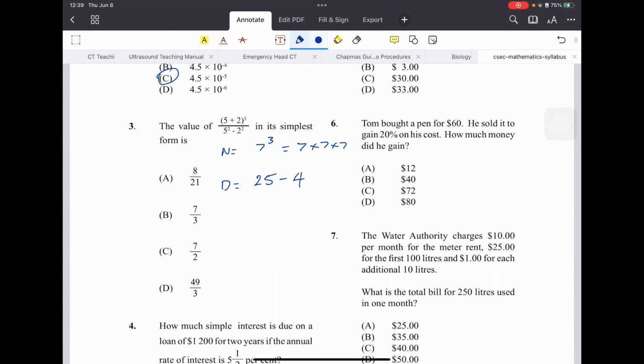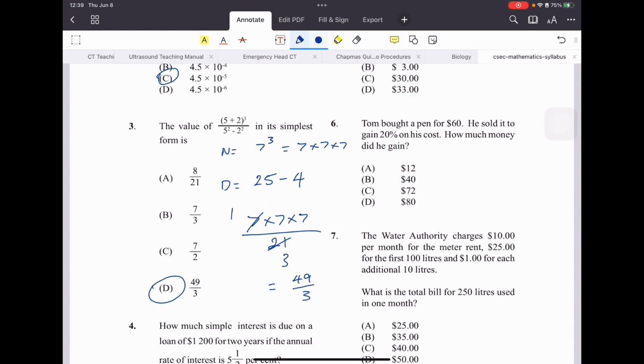So our numerator is 7 by 7 by 7 as 7 cubed all over 21, and you can see why I did what I did. Alright, so 7 could go into 21 3 times, and now we know that 7 by 7 is 49 over 3, and that is D.